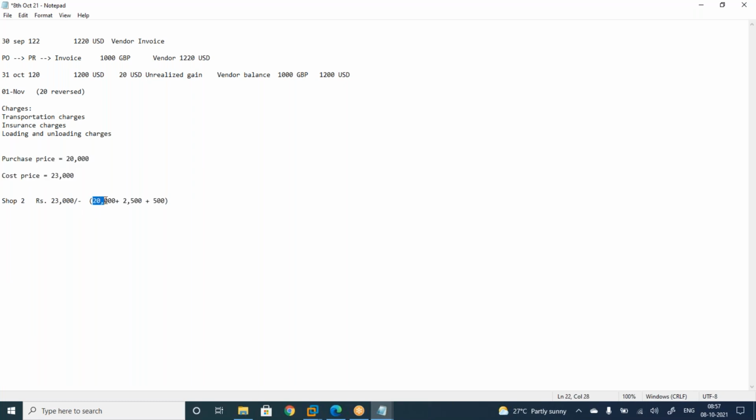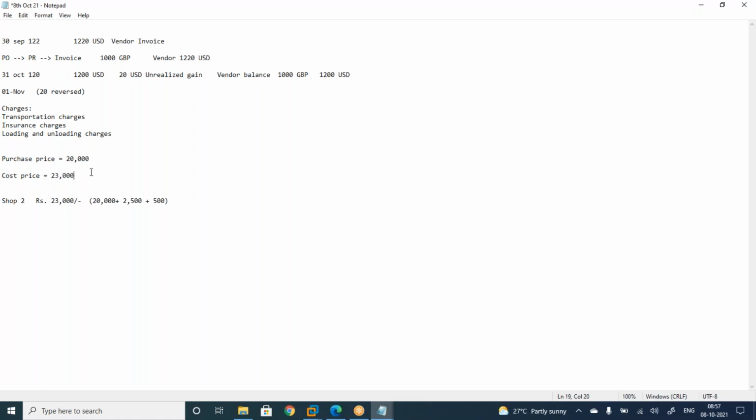Purchase price, he told me 20,000. Purchase price 20,000 plus taxes plus charges altogether is the cost price. Cost price means ultimately what is the final amount I'm paying to the shop owner. Cost price is ultimately the amount incurred by me to purchase this material, all included.